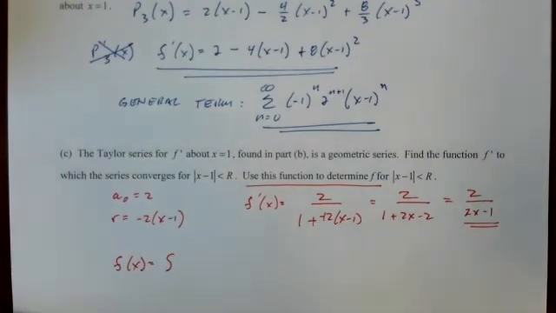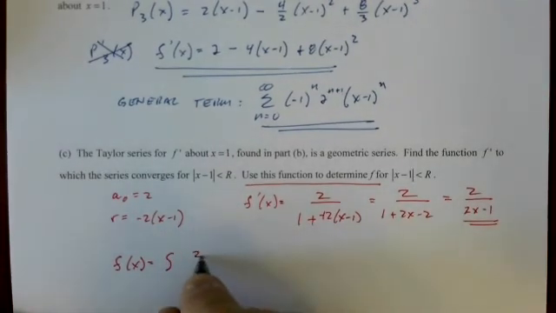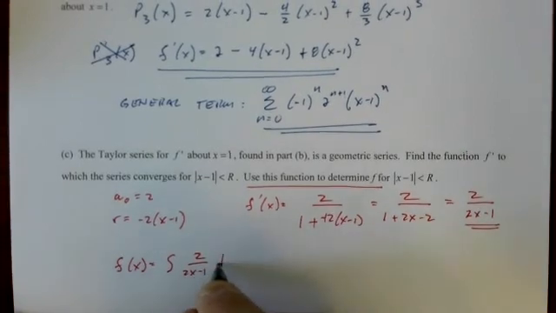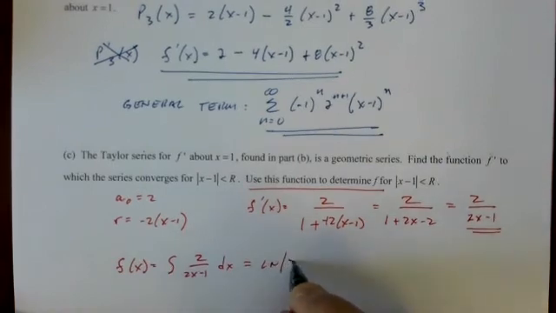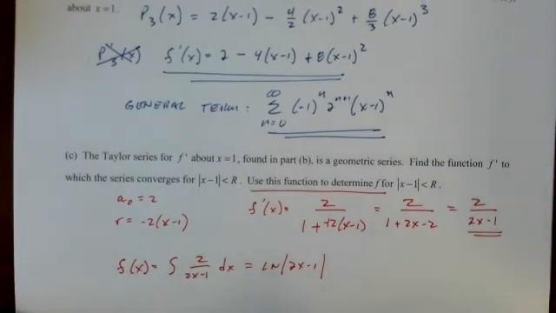It's really got nothing on it, so we'll just throw it up there without limits, of 2 over 2x minus 1 dx, which is the ln of the absolute value of 2x minus 1 plus c, but it doesn't matter.